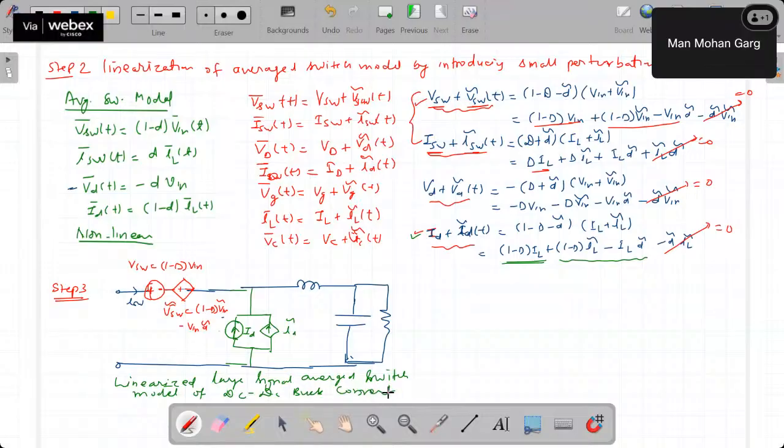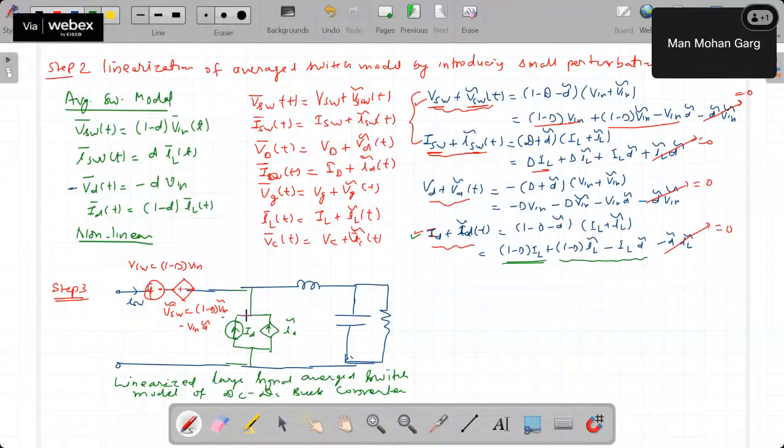So in this step, we have obtained the linearized model. Now you can see that this circuit is no longer a switching circuit. It's a linear circuit now. The switching part has been replaced by linearized elements, right?